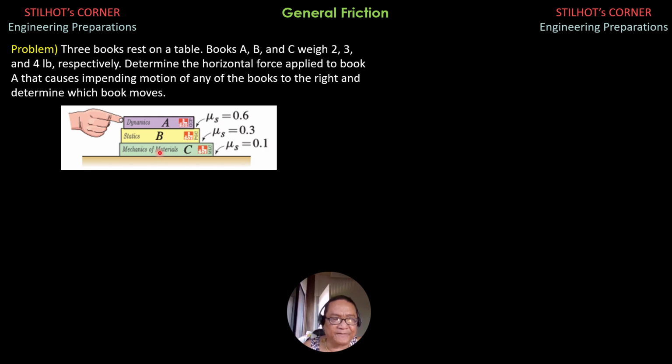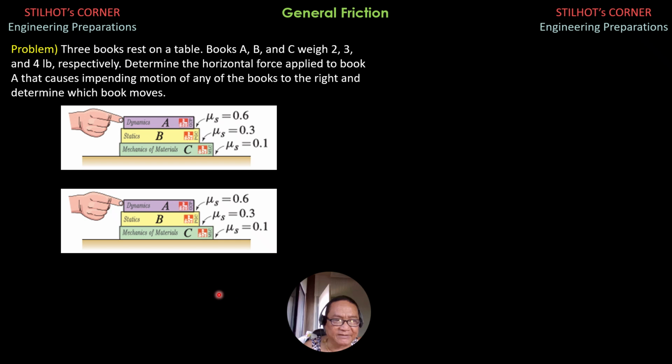If we consider the FBD of the entire system, that means the entire unit moves as a unit and C is about to move, then this is the free body diagram. I'll call the force exerted by the hand P in the figure.